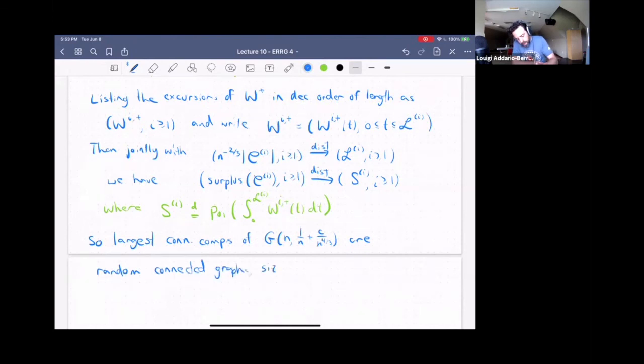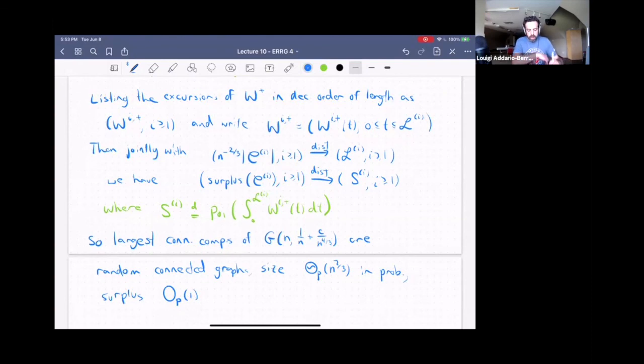So their size is of order n to the 2/3 in probability. And they have surplus random, but of order 1 in probability.